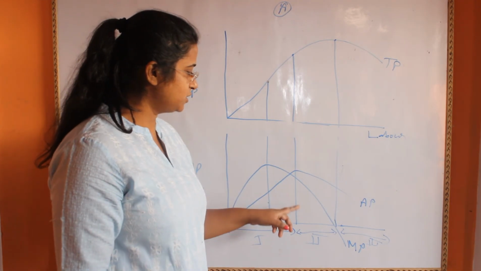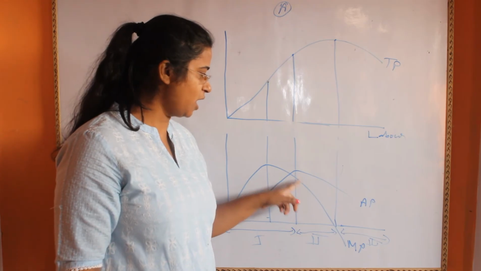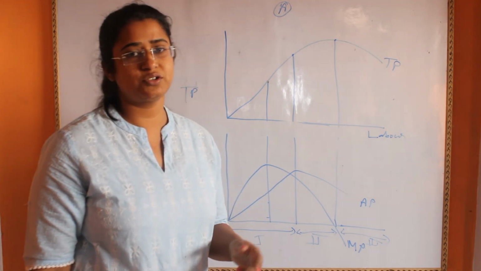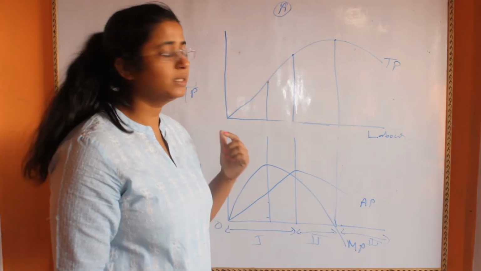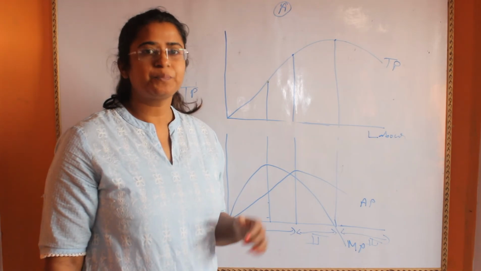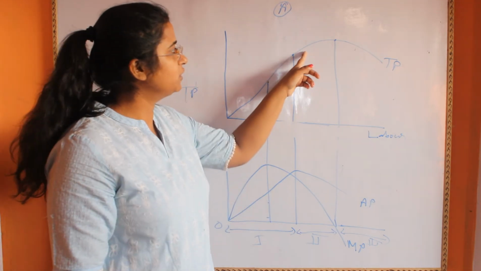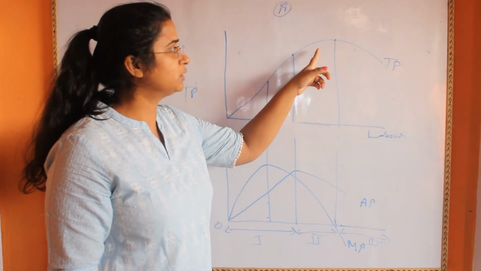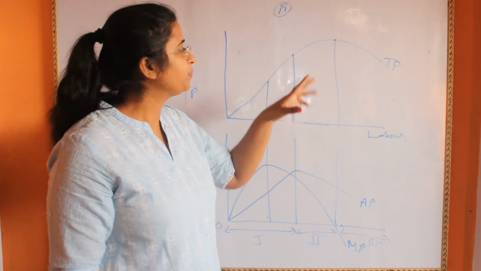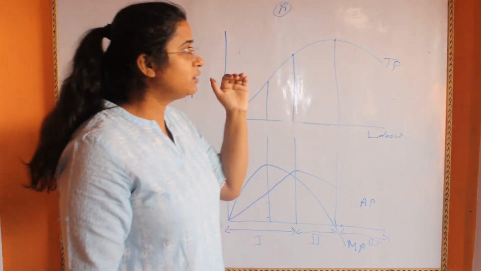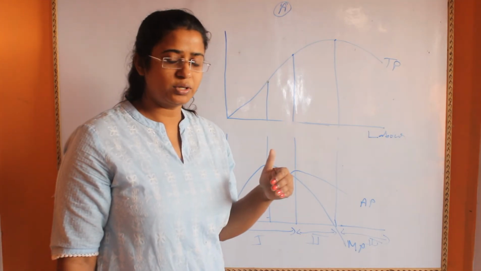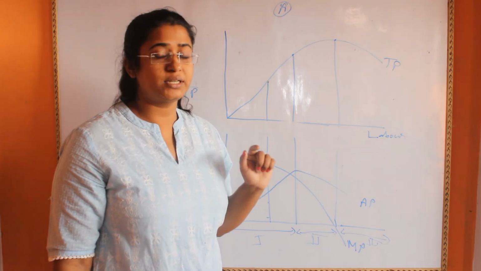The second stage starts when the average product also starts to decline, and the rate of increasing the total product decreases.